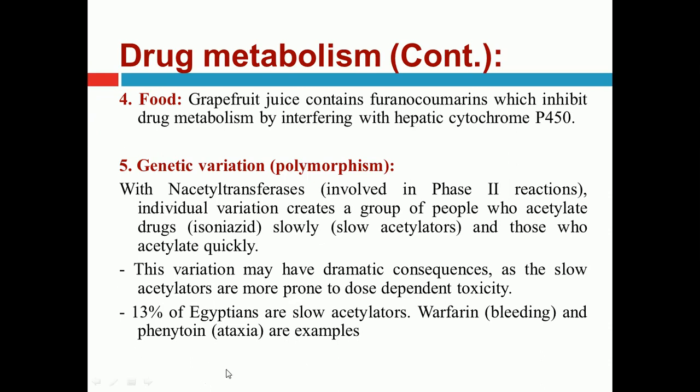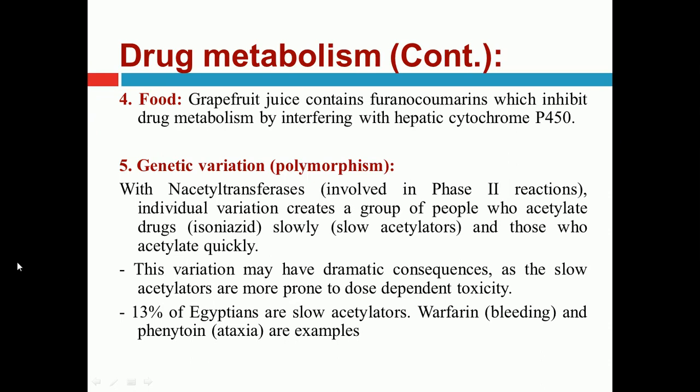So this variation may have dramatic consequences. What are those dramatic consequences? Slow acetylators are more prone to dose-dependent toxicity. If you give a larger dose to these slow acetylators, the drug may accumulate within their body, and ultimately they can experience adverse drug reactions.